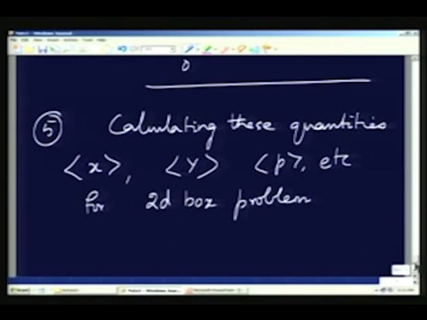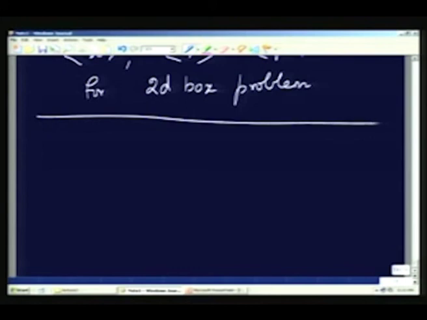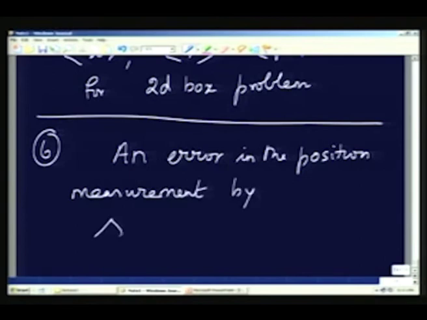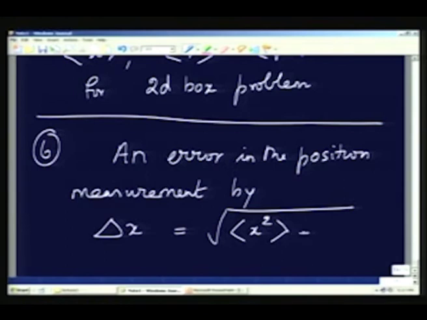And lastly, of course, as a model, let me define an error in the position measurement by the quantity delta x, the error, as square root of the average of the square of the position minus the square of the average value for the position.